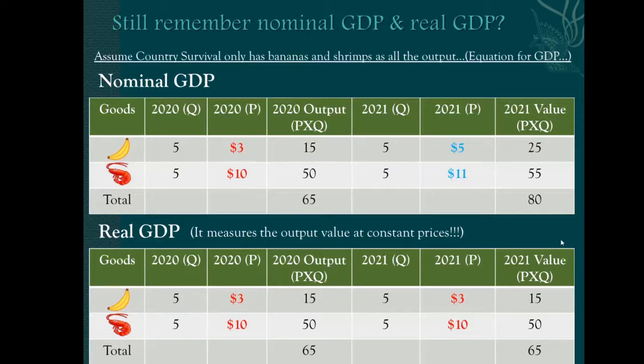If you still remember, there was a homework asking you to find the nominal GDP and real GDP in Hong Kong for 2016, and see if you're able to find the inflation. It's very similar to that.